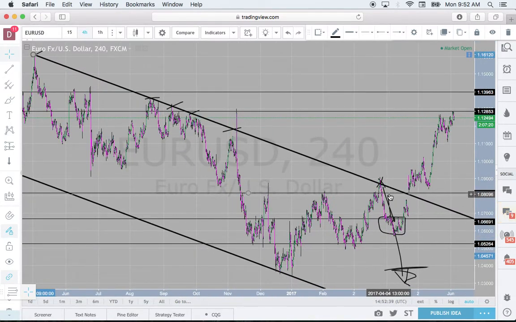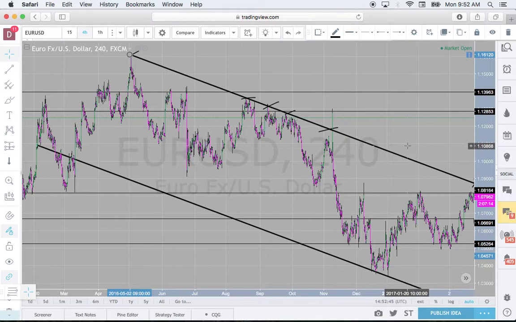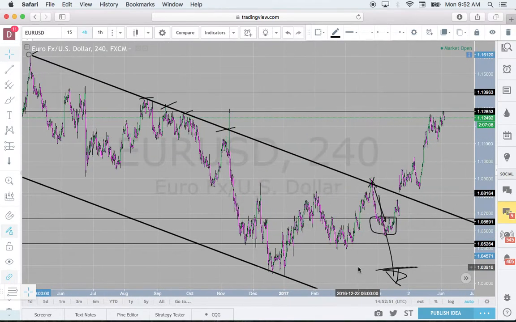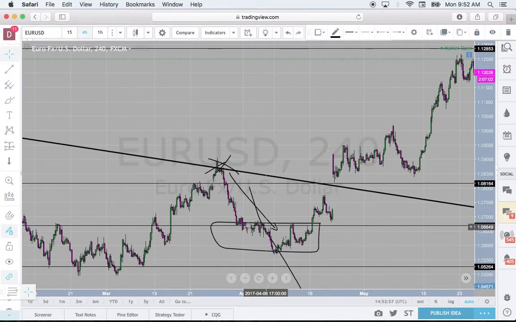A market that creates lower highs and lower lows. And that's exactly what we have right here. We have that lower high, and then here is that low, and we would expect as a retail trader to get a lower low. Retail traders are showing profit.